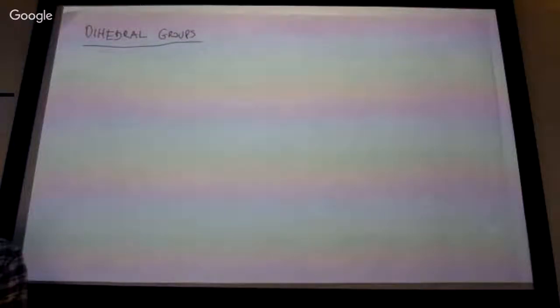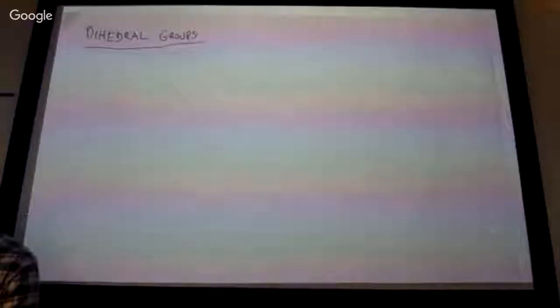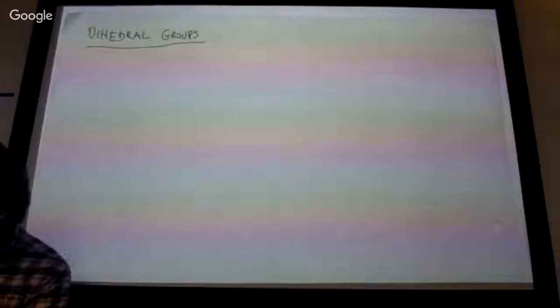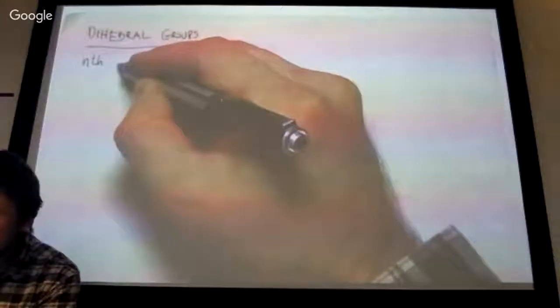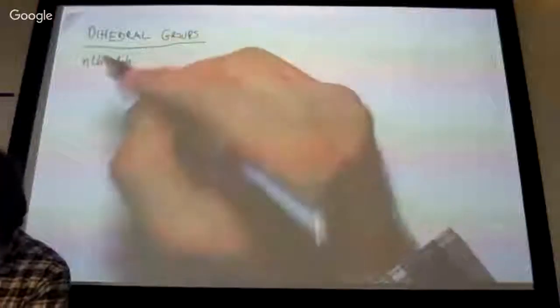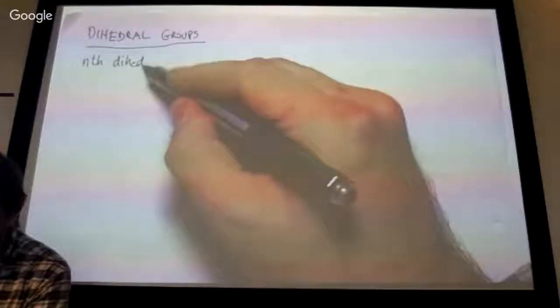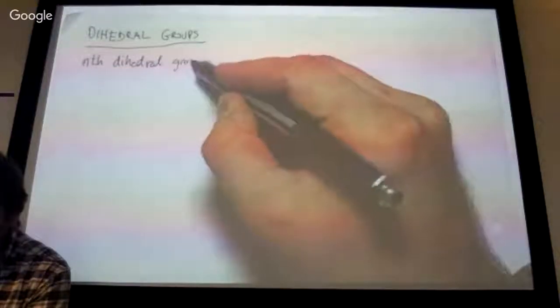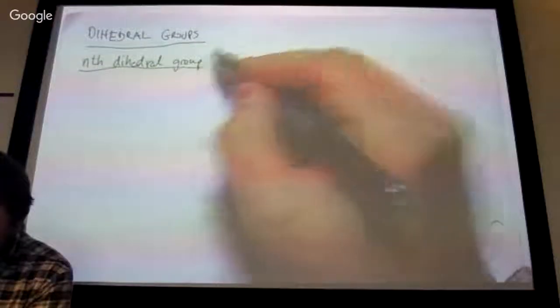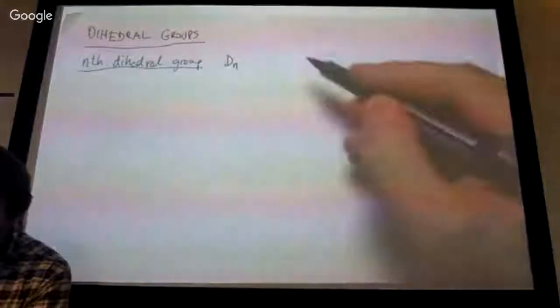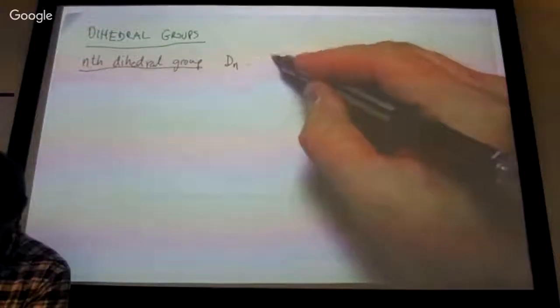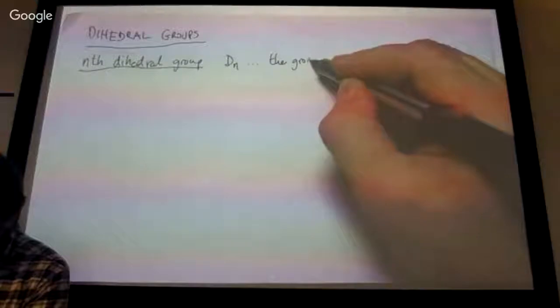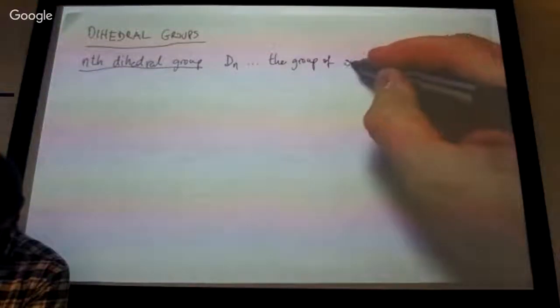And you can have n from 3, 4, 5 to infinity, excluding infinity. Okay, so we know what they are. So the nth dihedral group is the group of symmetries of the regular n-gon.